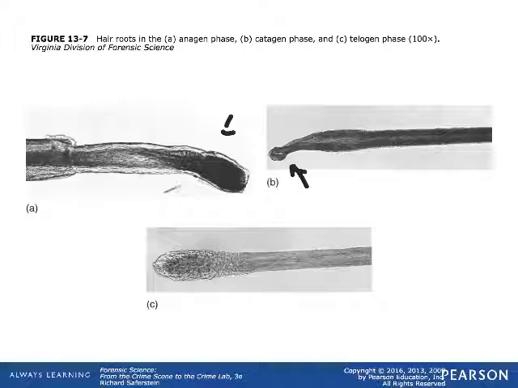And in the telogen phase, it's the tag, and it looks like the cells are dying. It looks like it's dead. So if you were trying to get DNA, you probably want to go for anagen or catagen, because in telogen, the hair is falling out and it's not going to have living cells on it.